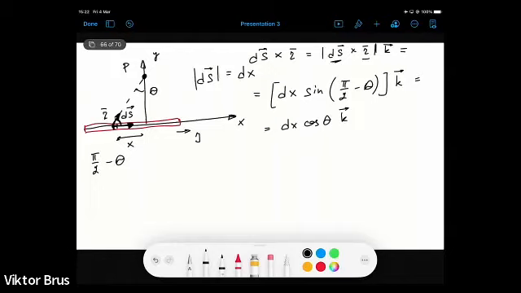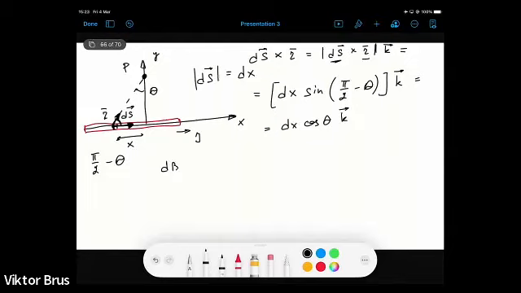So instead of sine of pi over 2 minus theta, we can write just cosine theta. With this result, we can proceed towards the determination of the magnetic field vector, applying the Biot and Savart law.